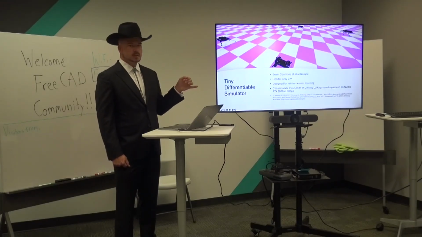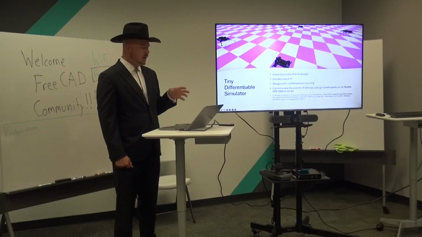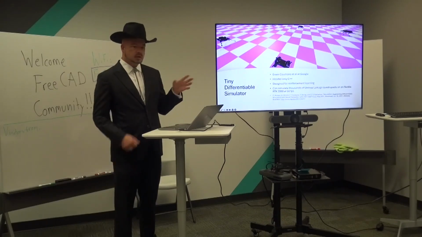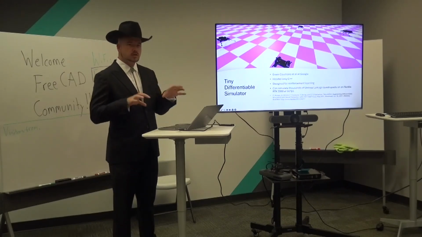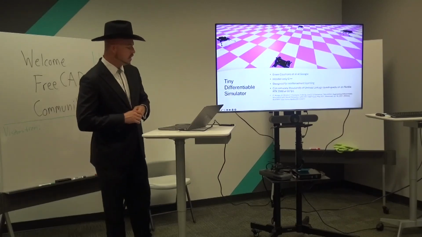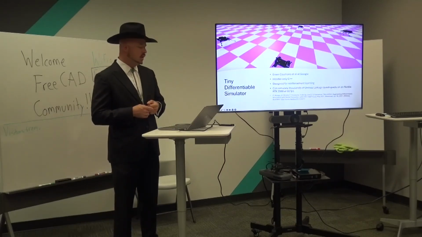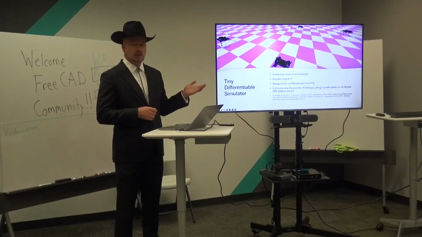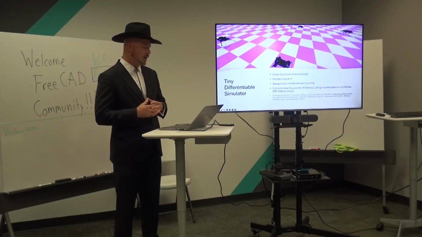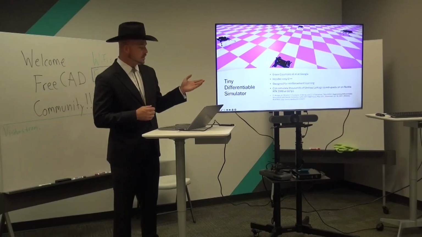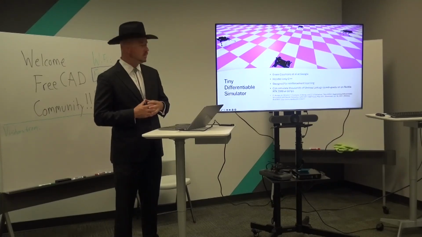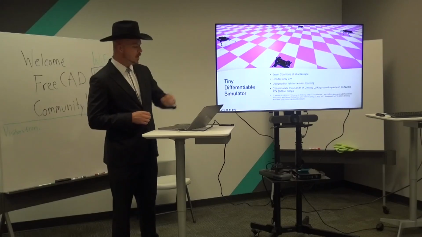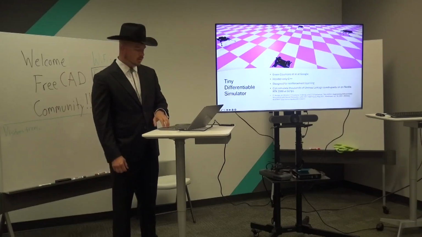It's a header-only C++ library for doing simulations. It was designed for reinforcement learning, so there's a neural net component in there that you can train along with performing your simulations. And they're able to simulate on a desktop RTX 2080 NVIDIA graphics adapter thousands of these Unitree Laikago robot quadrupeds at a rate of 50 frames per second.